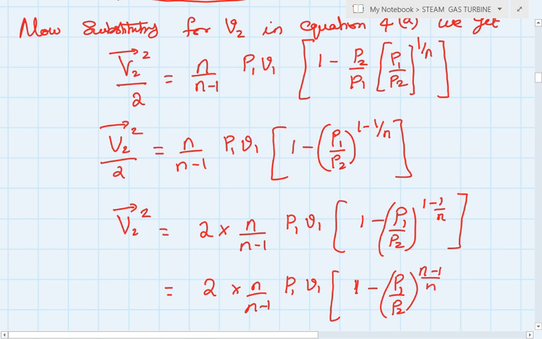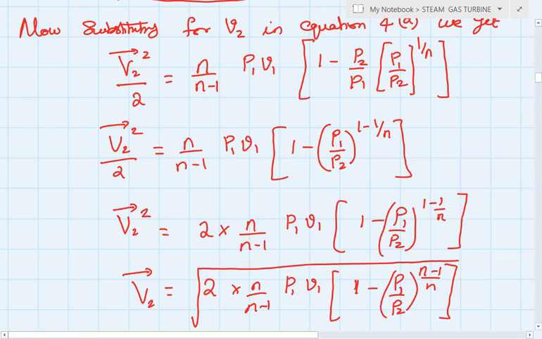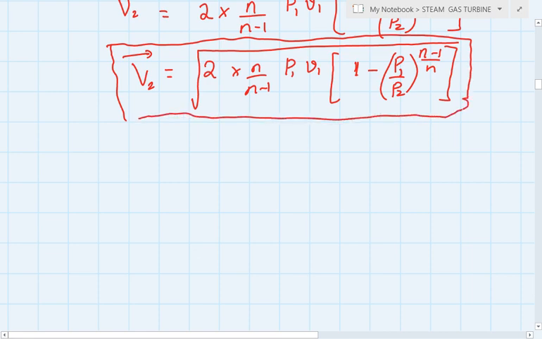I'm just taking the LCM of the powers and making it a square root. So let us have a look at this equation. Let me call this equation number 6.